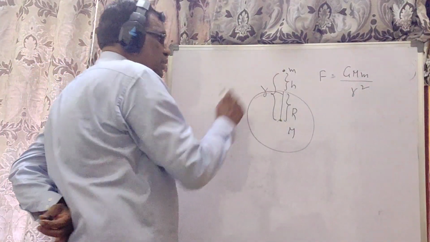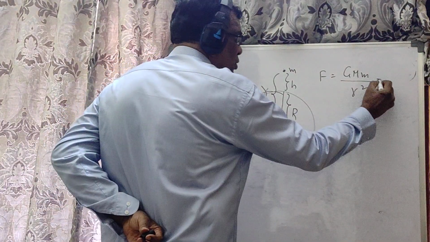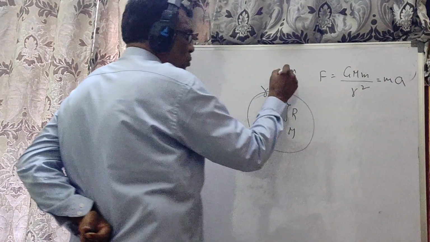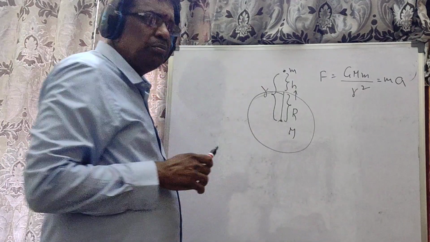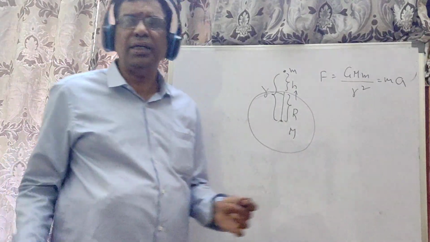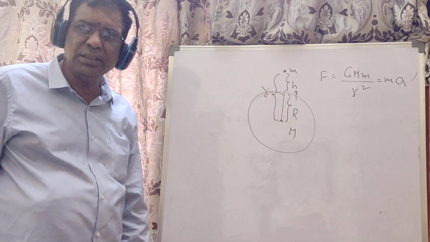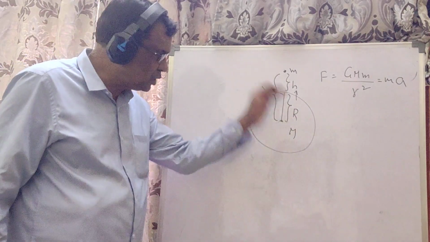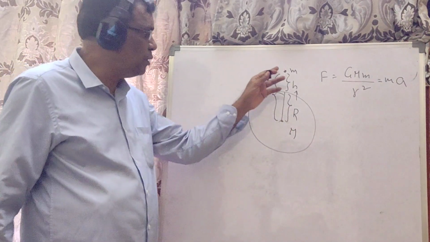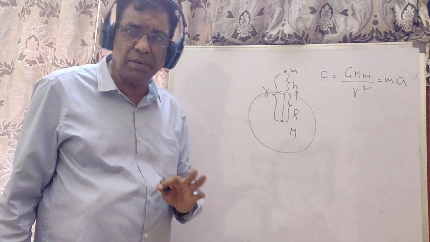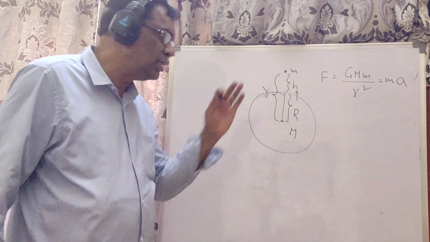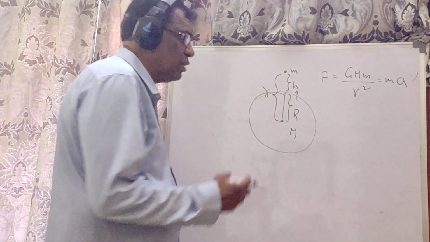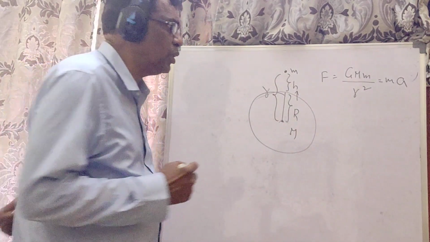Although the planet also gets accelerated, being a huge mass, its acceleration is negligible. We consider it to be stationary, but if the masses are comparable, that also we must take into account. I'll discuss that at a later date, but definitely I'm going to talk about that point.